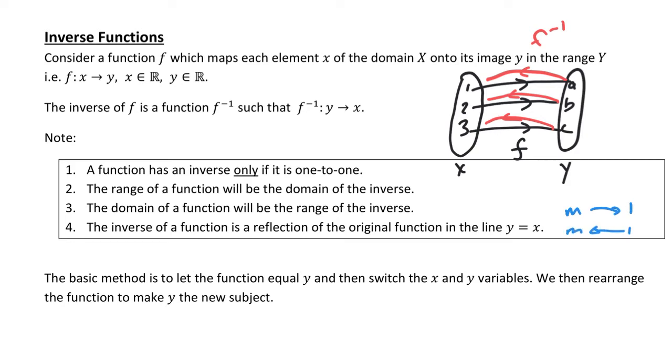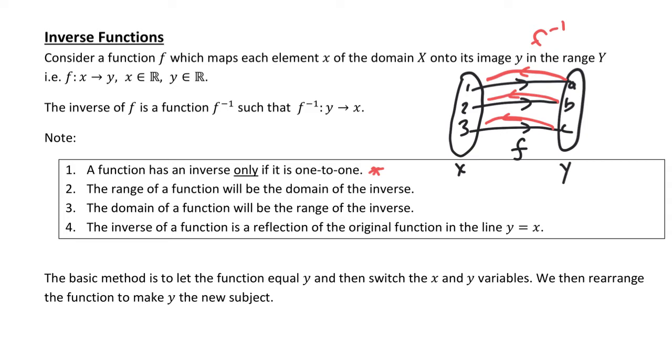And that goes against the definition of a function which maps onto one and only one. So whilst a many-to-1 is a function, a 1-to-many is not, because it maps onto more than one. We could in theory have a many-to-1 as an inverse of a 1-to-many, but because a 1-to-many is not a function, then the inverse function doesn't exist either. So it only happens if it's a 1-to-1 function.